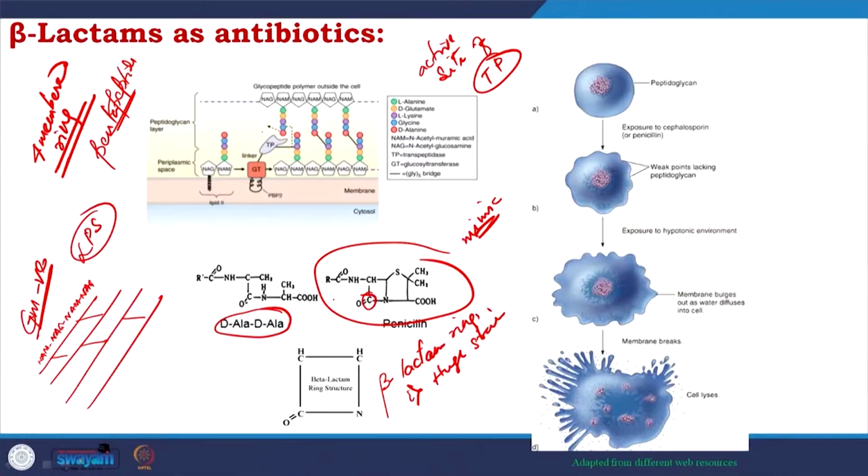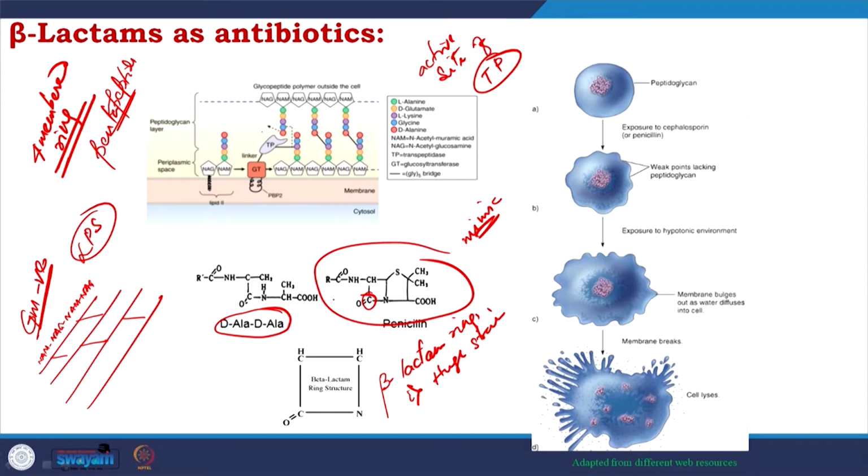Now, remember I talked about the strain because of the 90-degree angle in a 4-membered ring. When penicillin or other beta lactams bind successfully on the active site of the enzyme transpeptidase, because of the angle strain, the ring wants to open, and the opening is enzymatically done by a serine residue which attacks the carbon of the beta lactam ring.